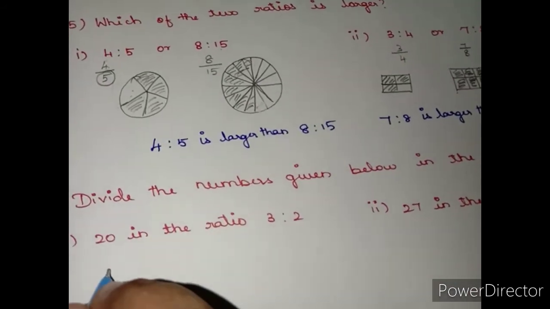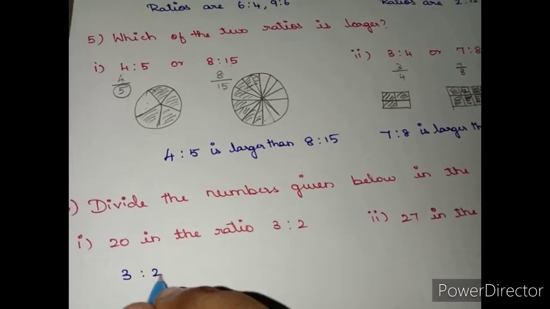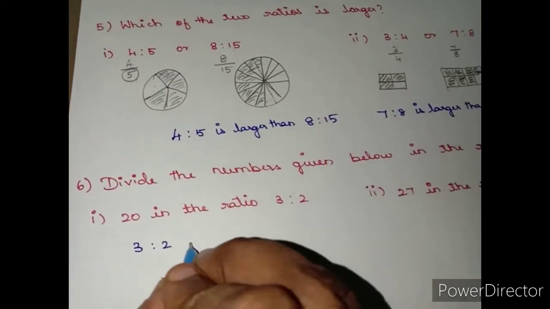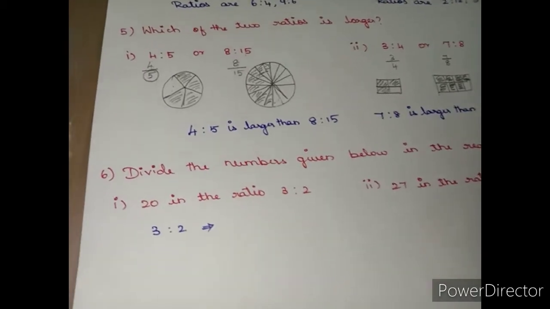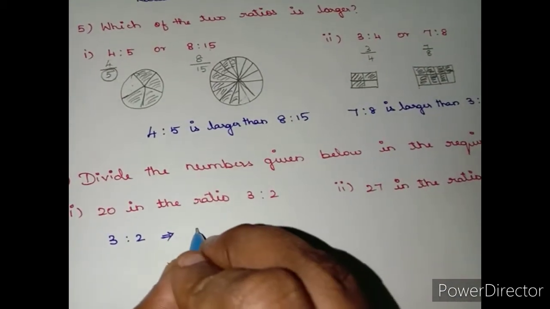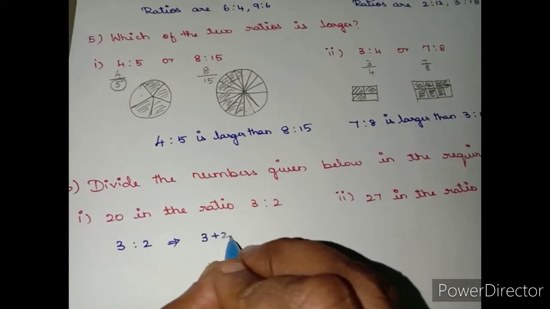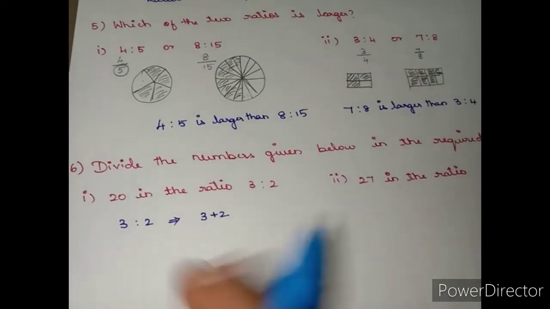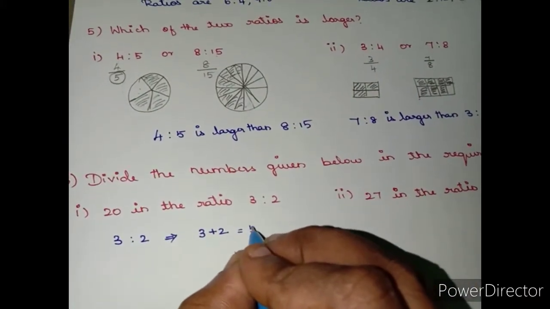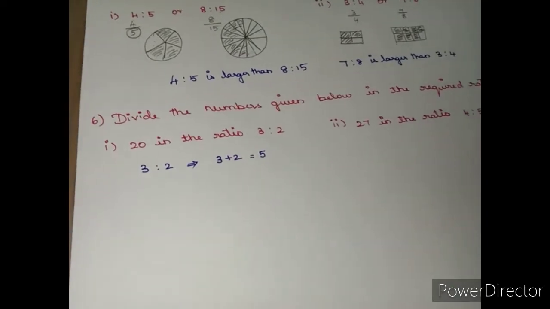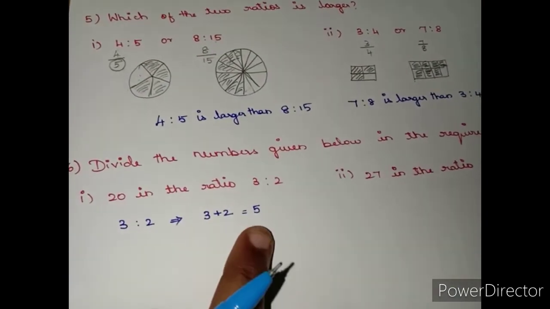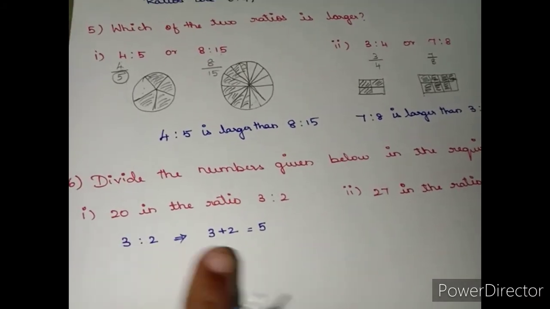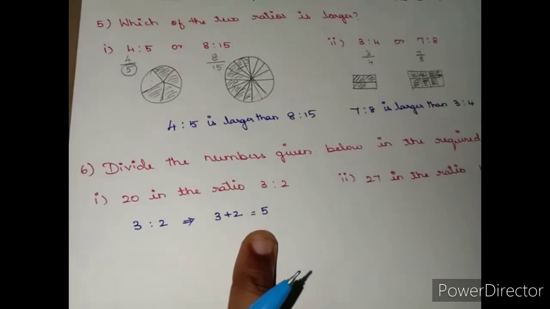First, what is the ratio given? 3:2. We have to find how many parts it should be divided. 3 plus 2. We are going to add this. 3 plus 2 is 5. So, the total part is 5. When you compare this 20, we have 5 parts in this 20.